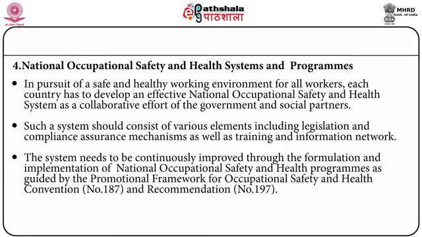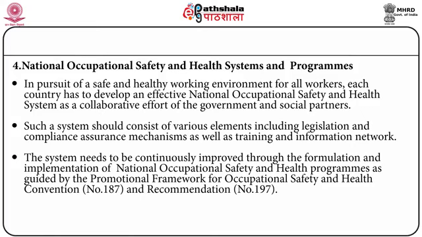Such a system should consist of various elements, including legislation and compliance assurance mechanisms, as well as a training and information network. The system needs to be continuously improved through the formulation and implementation of national occupational safety and health programs as guided by their particular framework and the recommendations which have been given.